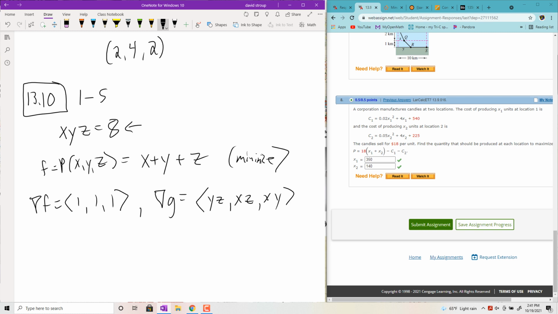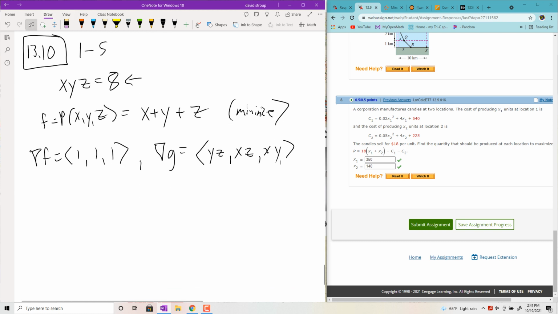Right? So your system of equations is you set the gradients equal to each other with lambda involved. So 1 equals lambda yz, 1 equals lambda xz, and 1 equals lambda xy. And then you also have the constraint formula, xyz equals 8.